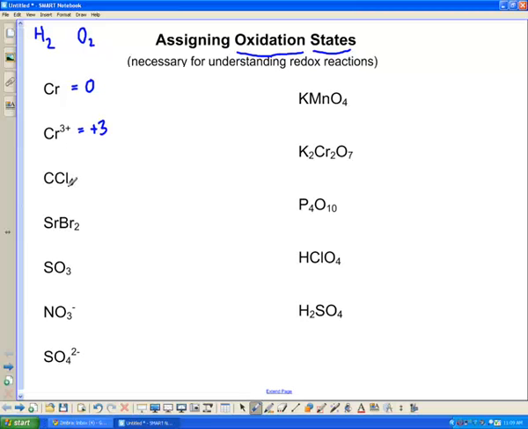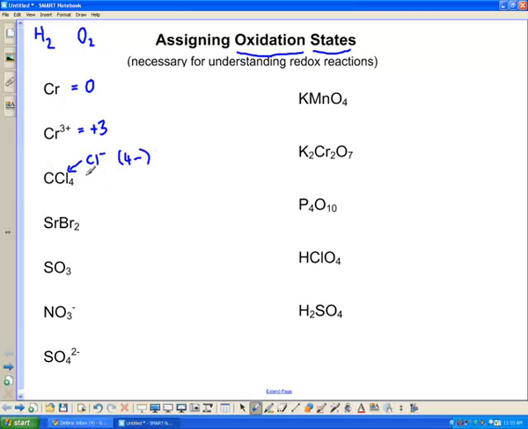Chlorine, if you look in the periodic table, is in group 7, which means that chlorine wants to have one extra electron to give it its octet. So each chlorine is going to be -1. Because we have 4 of those, our overall negative charge is 4-.